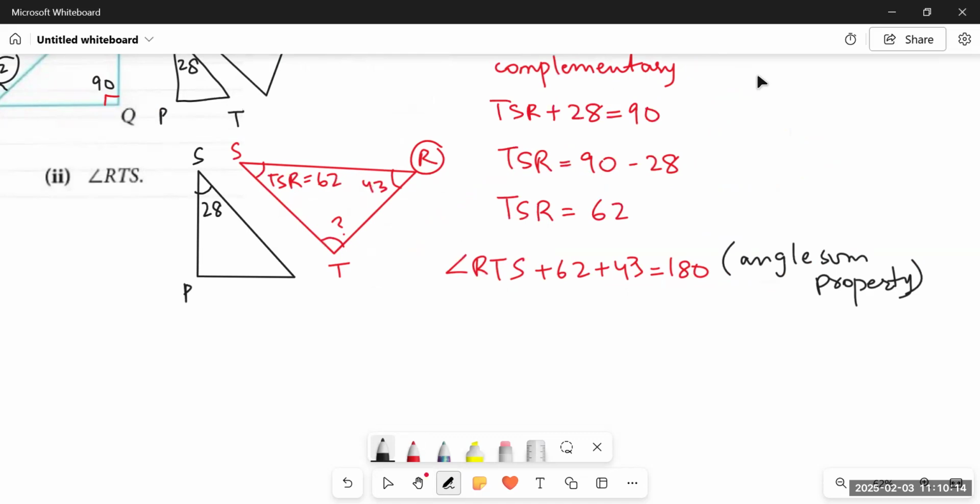So first we are going to add 62 with 43. We will get 105. Then we will subtract it from 180 to find out RTS, and we will get 75 degrees. It means RTS is equal to 75 degrees.